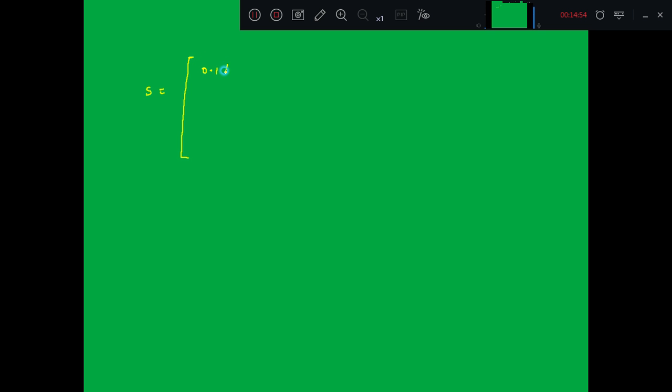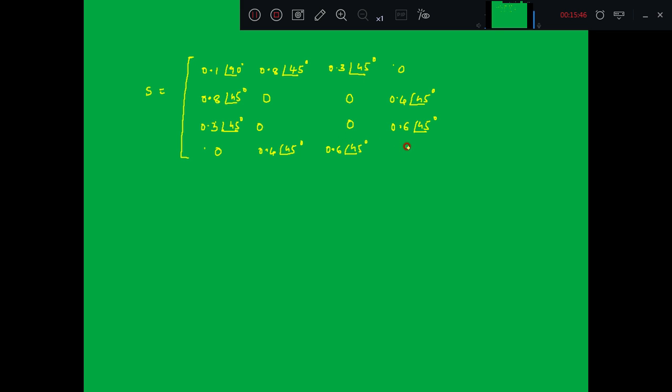The first row is 0.1 at 90 degrees, 0.8 at 45 degrees, 0.3 at 45 degrees, 0. The second row elements are 0.8 at 45 degrees, 0, 0, 0.4 at 45 degrees. The third row is 0.3 at 45 degrees, 0, 0, 0.6 at 45 degrees, and the last row elements are 0, 0.4 at 45 degrees, 0.6 at 45 degrees, and 0.